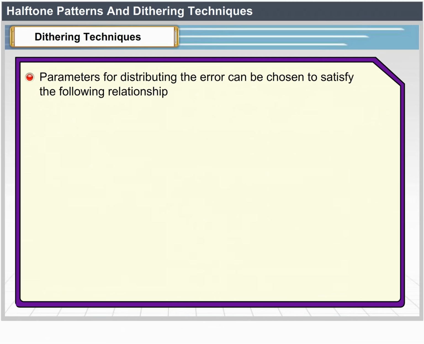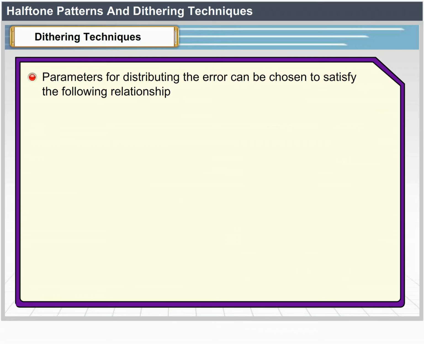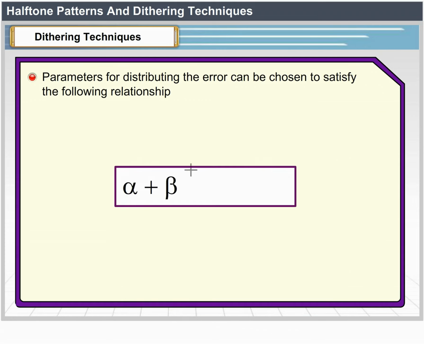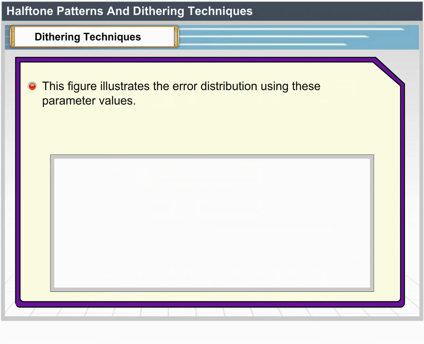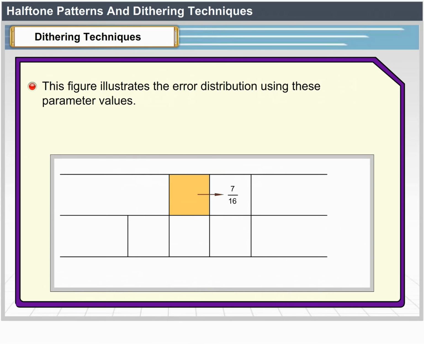Parameters for distributing the error can be chosen to satisfy the following relationship: alpha plus beta plus gamma plus delta is less than or equal to 1. One choice for the error diffusion parameters that produces fairly good results is alpha, beta, gamma, delta equaling 7/16, 3/16, 5/16, and 1/16. This figure illustrates the error distribution using these parameter values.